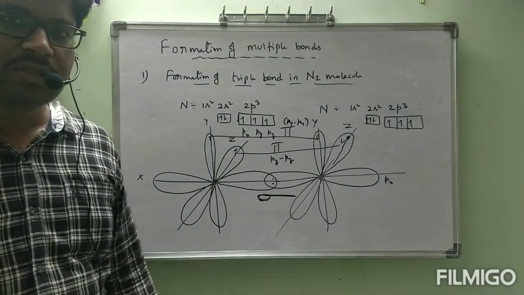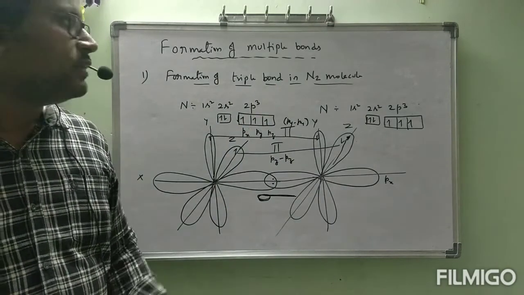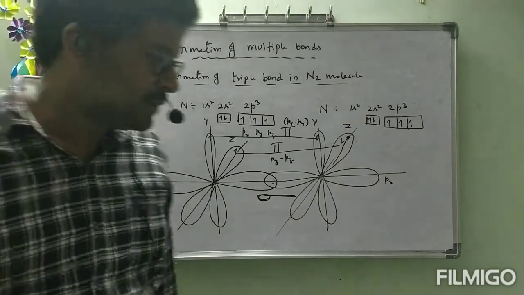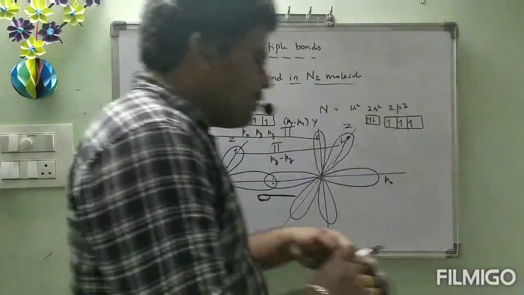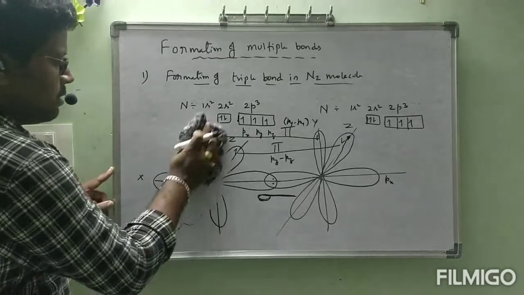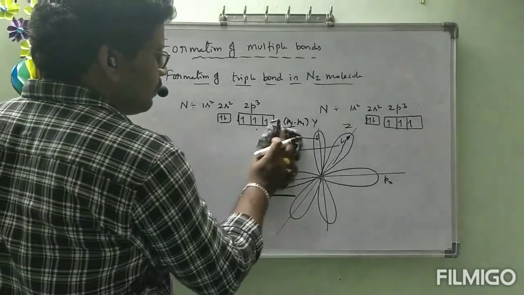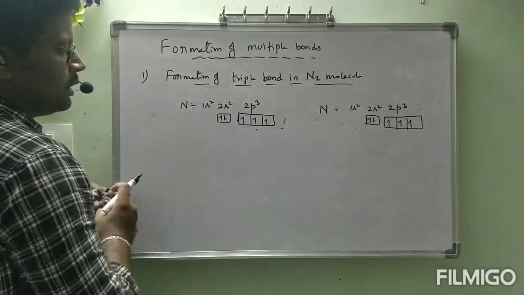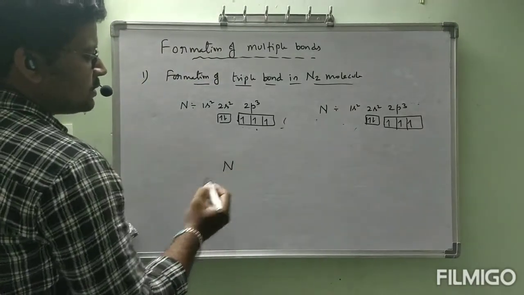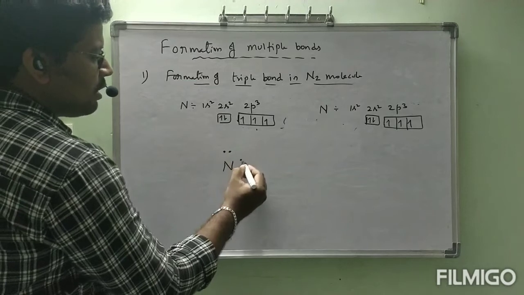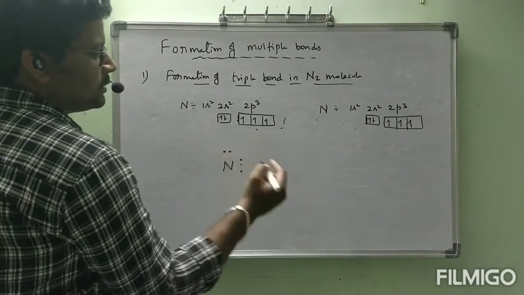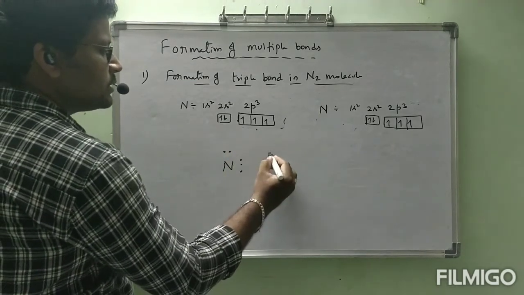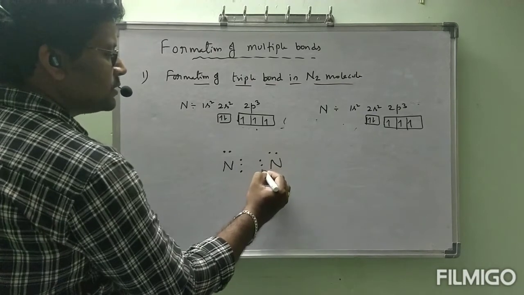Okay, now we will show with the help of dots also. I will show that one. Let us see. See, this nitrogen has totally outermost 5 electrons. Even this nitrogen also has outermost 5 electrons.